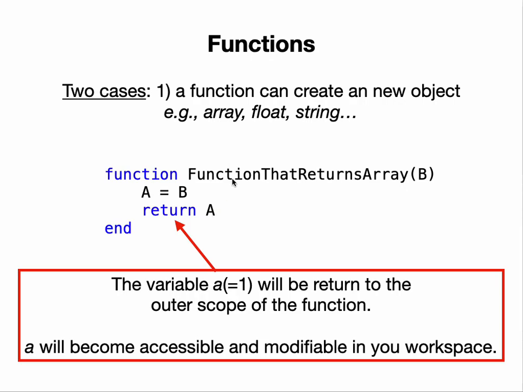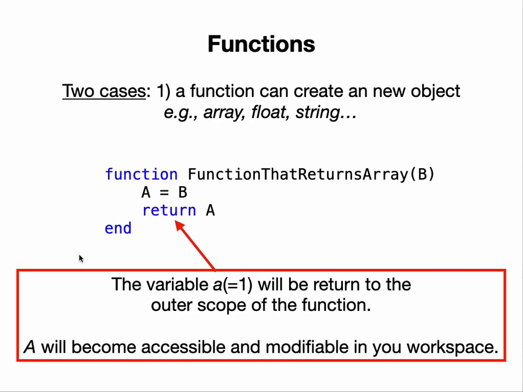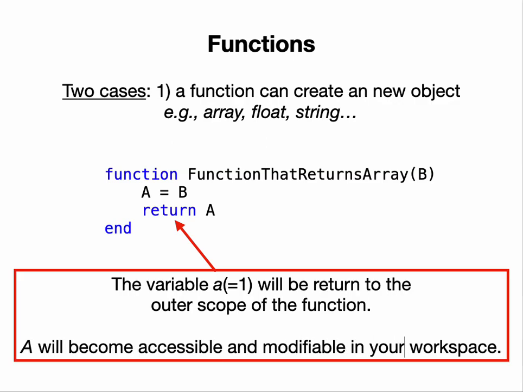It means that when you will call this function, it will take one argument called B here, and it will create A equal B and return A to the main scope. So A will become accessible and modifiable in your workspace.